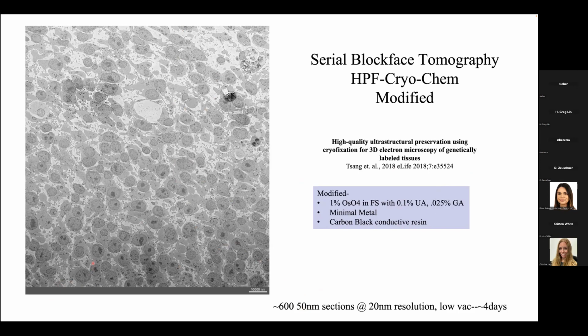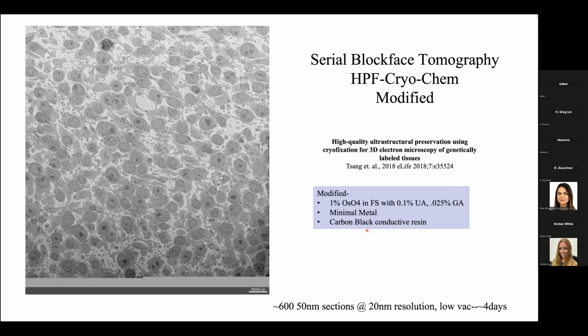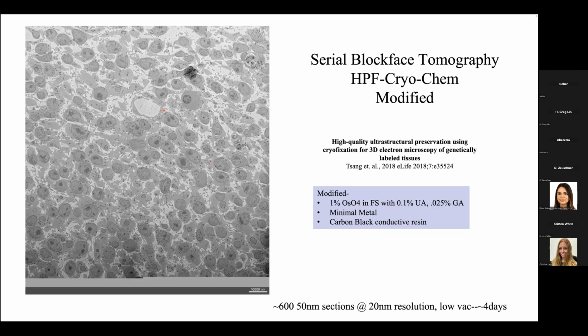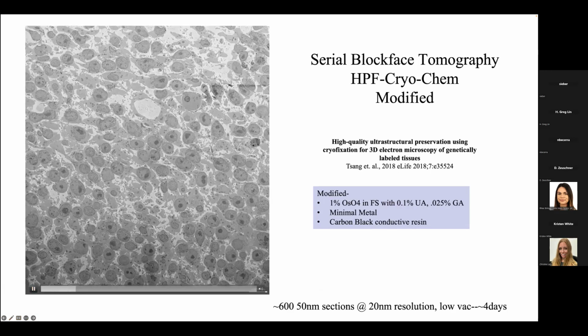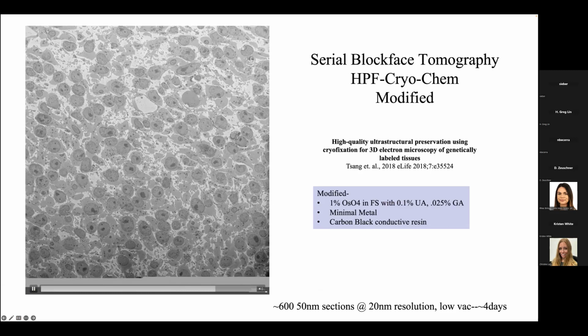This volume is about 650 nanometer sections at 20 nanometer resolution. We did this at low vac. It took about 4 days. And what you can see here are these cynemes, these cells, you can follow and track them through the material.